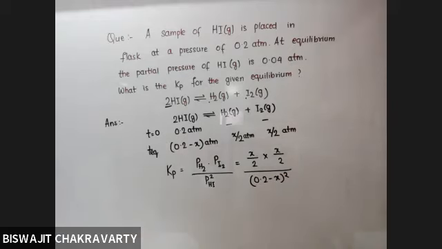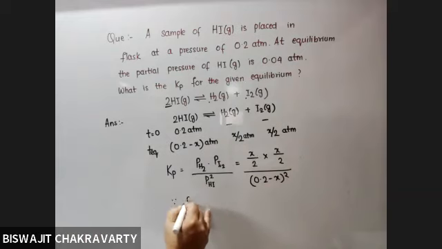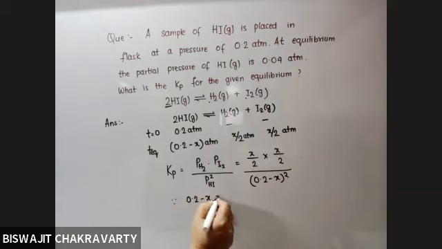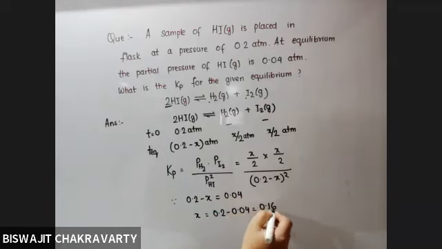Now, according to the question, the equilibrium pressure of HI is 0.04. So since 0.2 minus x is 0.04, x will be 0.2 minus 0.04, which is 0.16, isn't it?